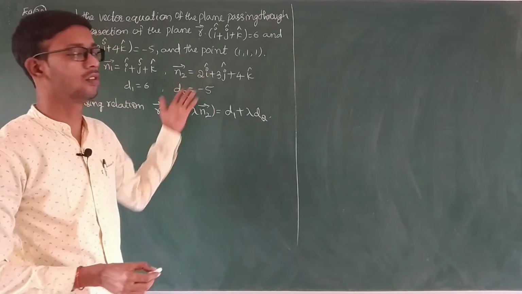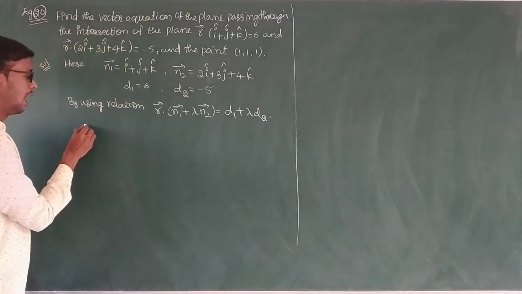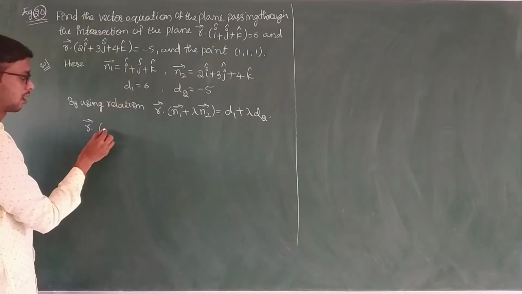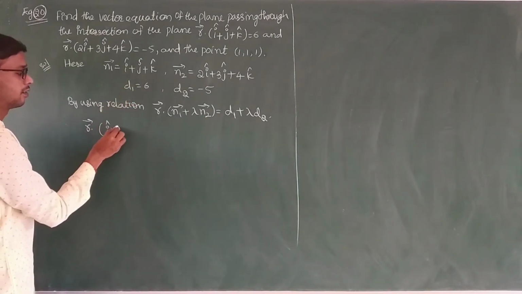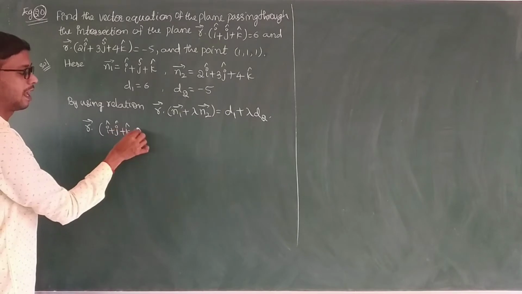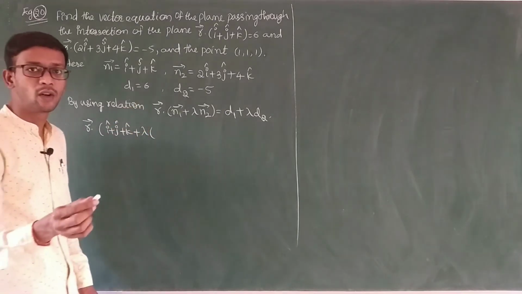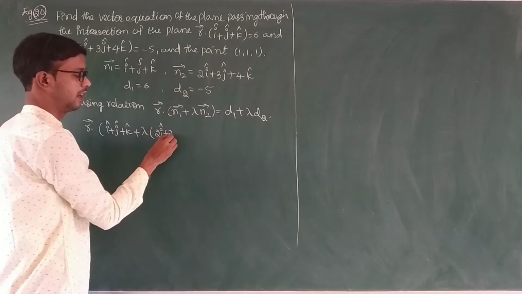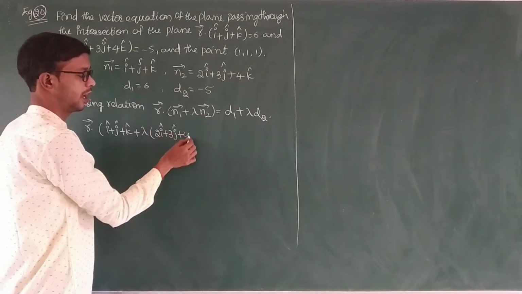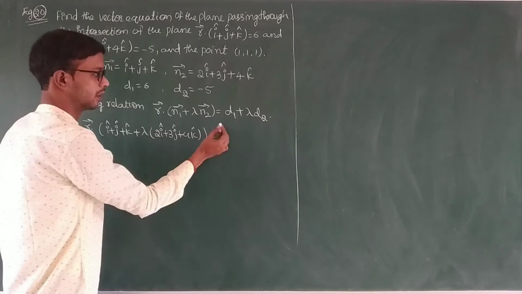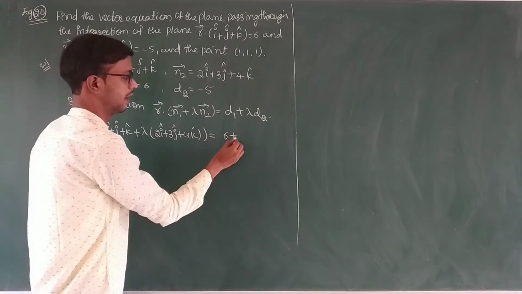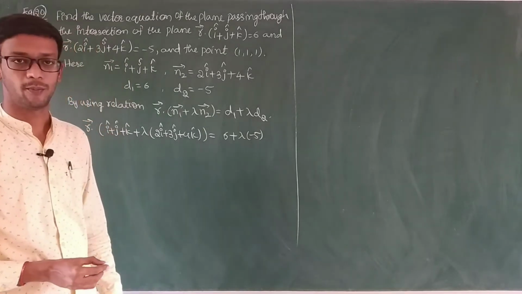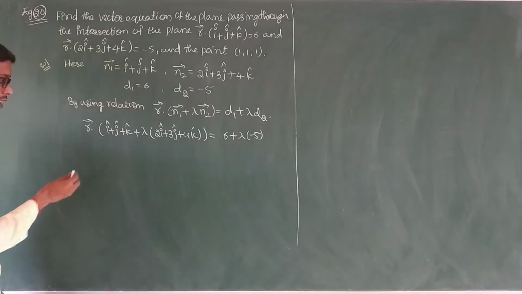In this, we have to substitute the values: r bar dot (i cap plus j cap plus k cap plus lambda into (2i cap plus 3j cap plus 4k cap)) is equal to 6 plus lambda into minus 5. Now we have to make the simplification.